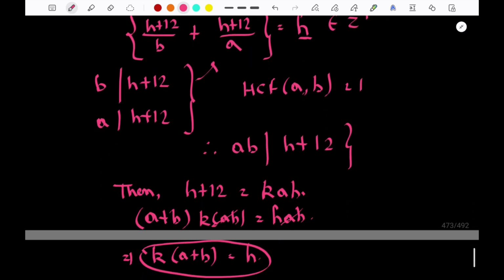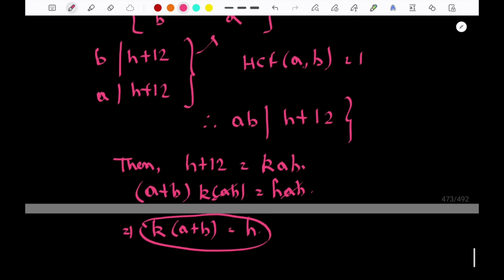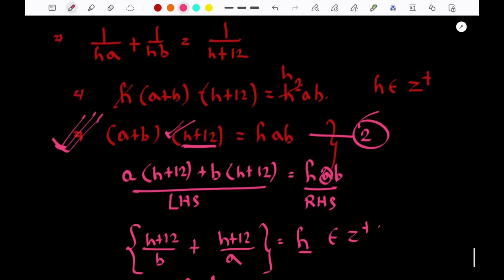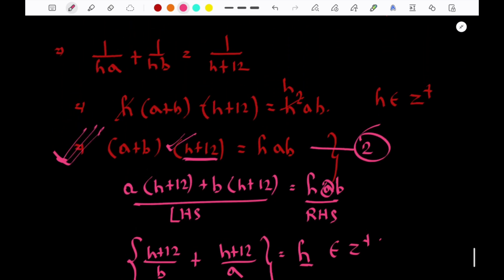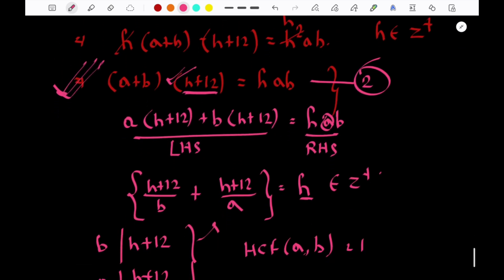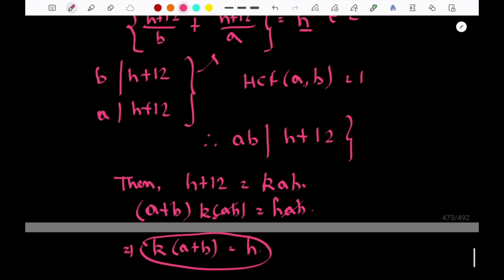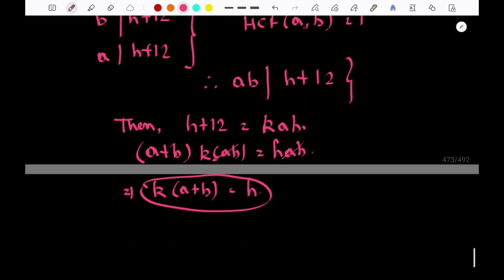We got K into A plus B is equal to H. This is equation 3. Let's consider this as equation 4.